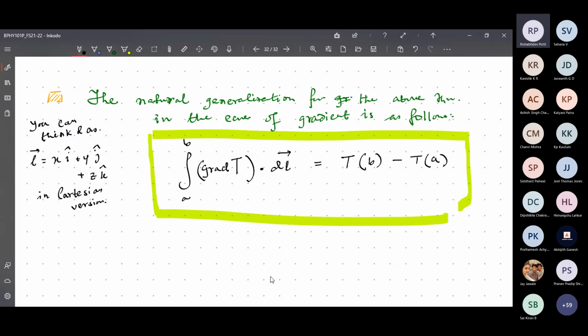Is it clear to everybody? So that is the crux of the whole story. Forget about the symbols and other things. Whatever I will be doing inside the integrand, I will be getting as the value at the boundary, so I don't need any information in between. If I do this calculation on the left hand side, it is an equivalent statement to doing a calculation on the right hand side.